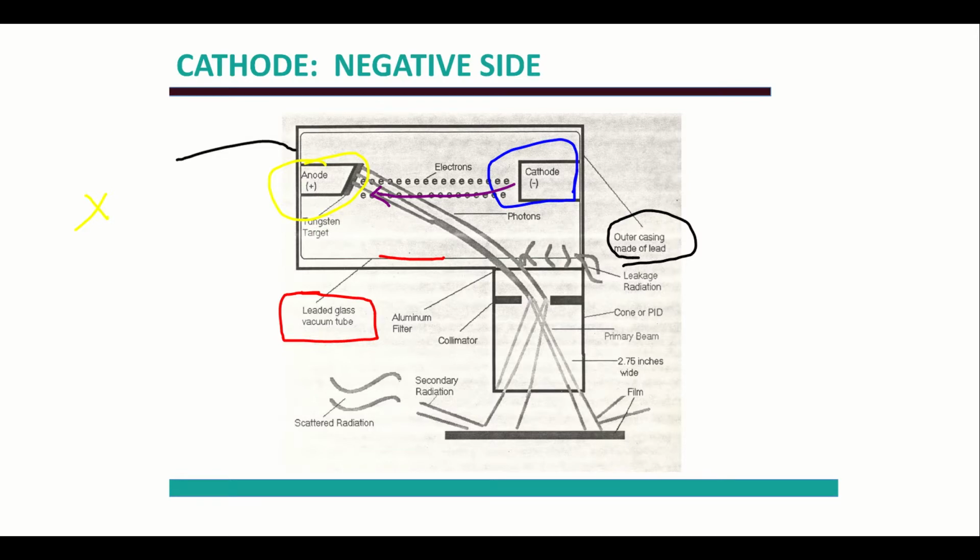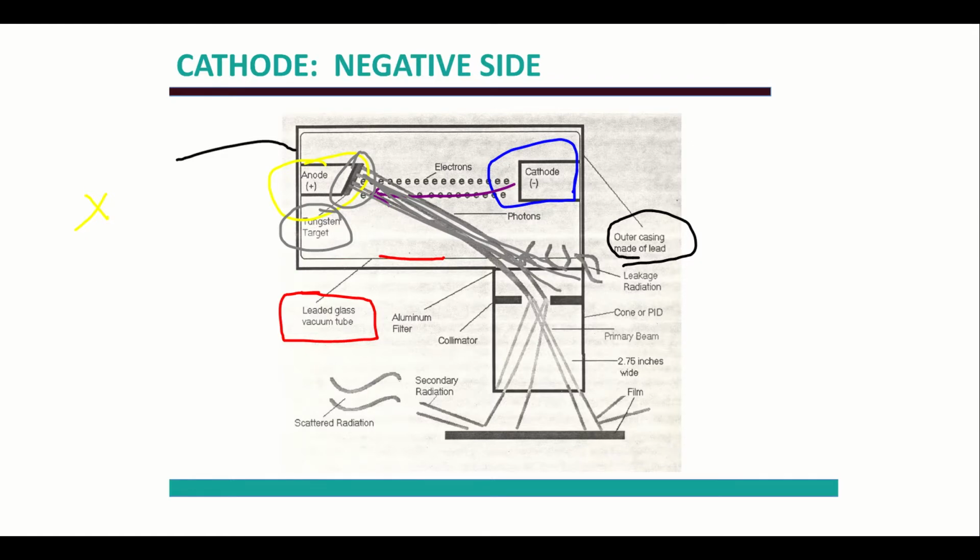But instead of uniting with the anode, it hits the tungsten target, okay, which is this piece right here, a tungsten target, which creates the radiation called photons.